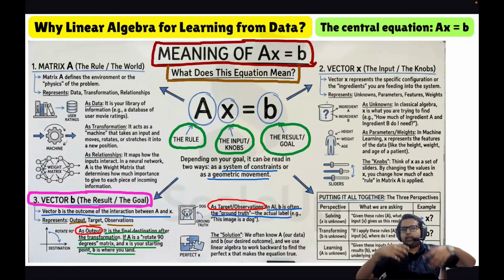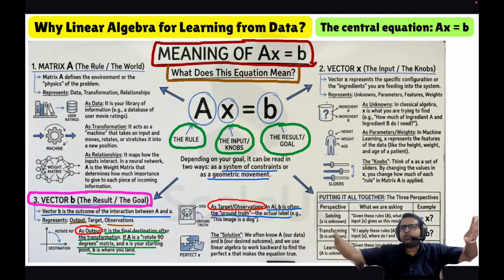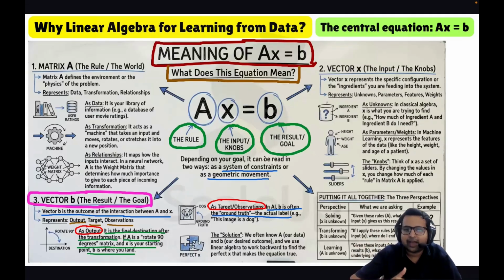Especially in supervised learning, we already have the target variable, like for this input, this should be the output. So the known output, the known labels, is what vector b represents. Whatever known labels we have, that is vector b, the actual label, the ground truth.